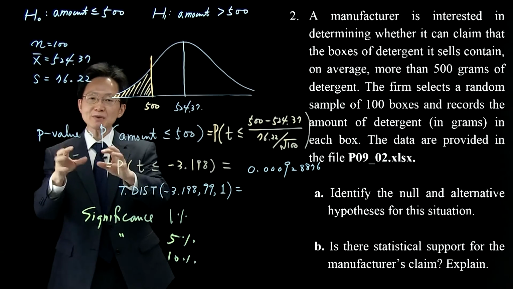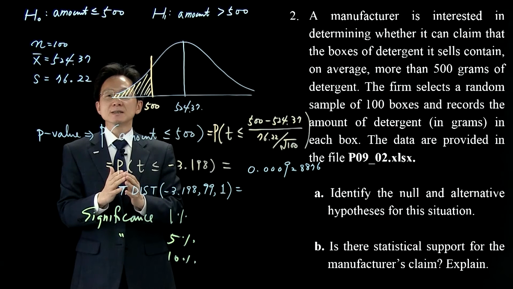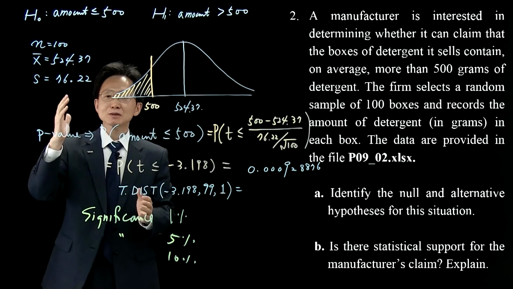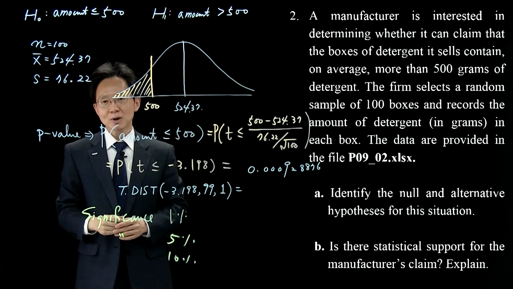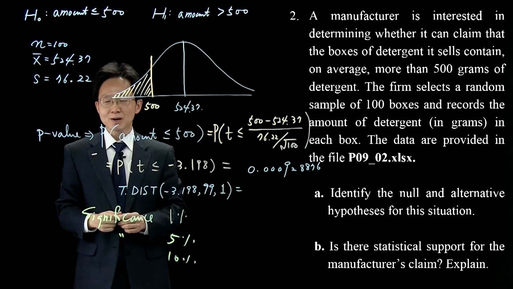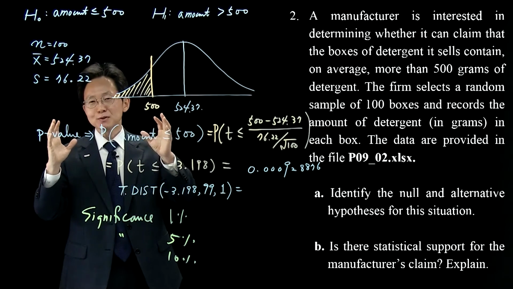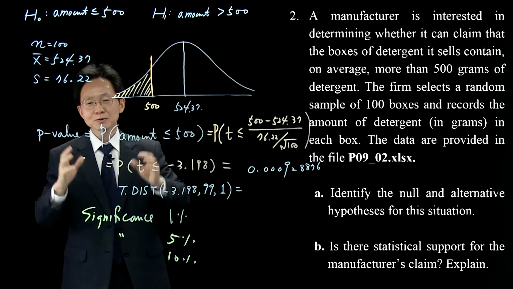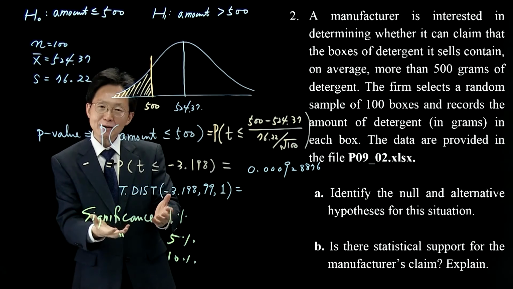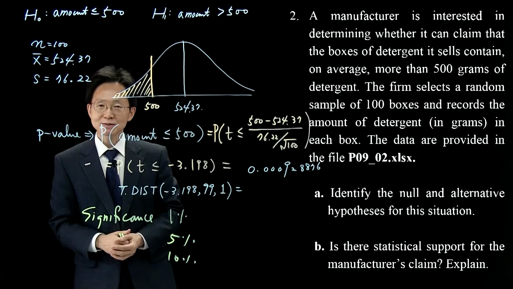So if the p-value is very small, that means there is not much evidence that can support the null hypothesis. That's what the p-value implies. And if you understand the fundamental characteristics of a p-value, then you can see how you have to make a decision in terms of significance levels.